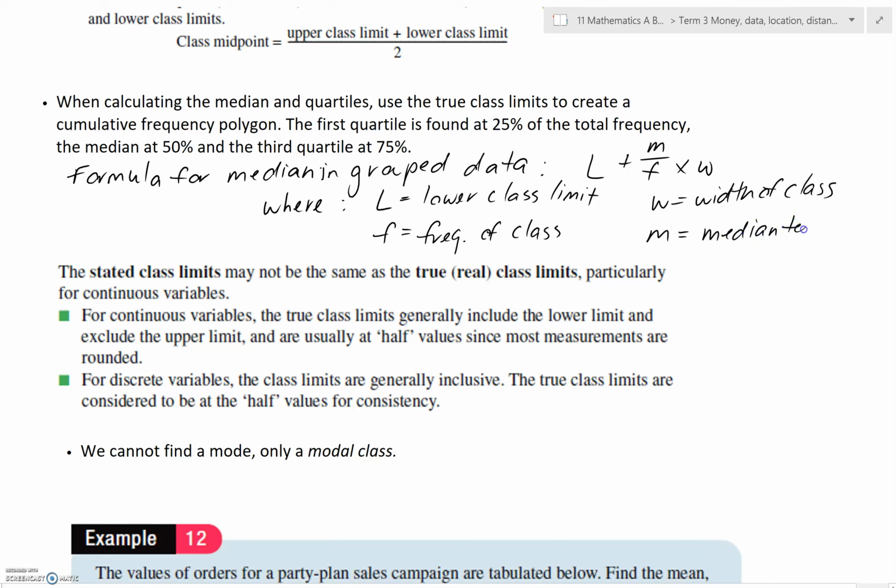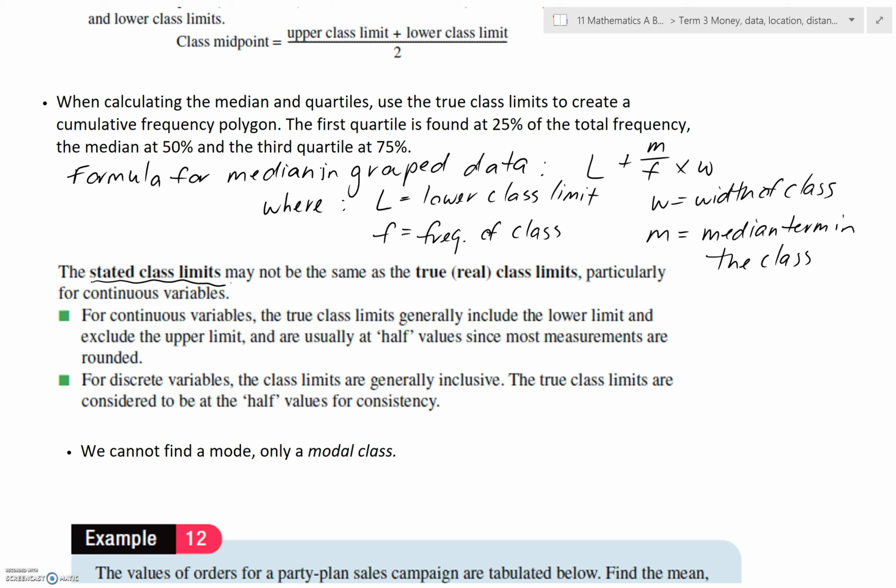We're going to go through an example so you can see where those come from and what that actually means. What we're given usually is something called stated class limits. Stated class limits aren't really the true or real class limits, particularly when we're talking about continuous variables. Remember, continuous variables can take any values within a particular range, so decimals frequently appear.